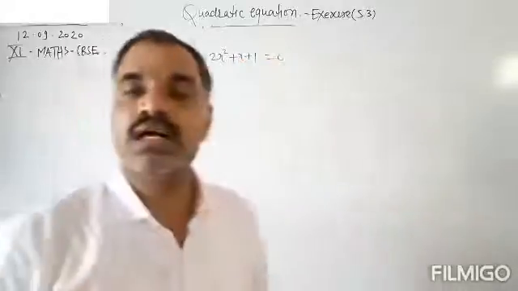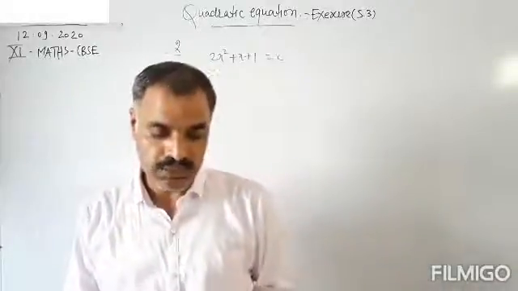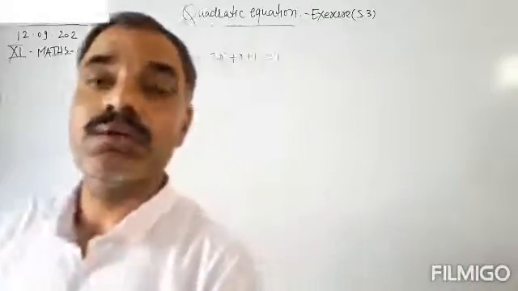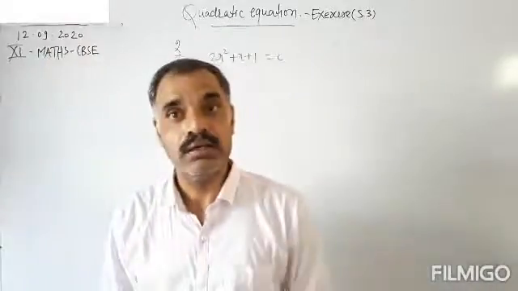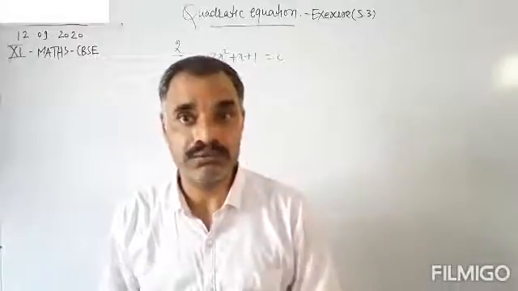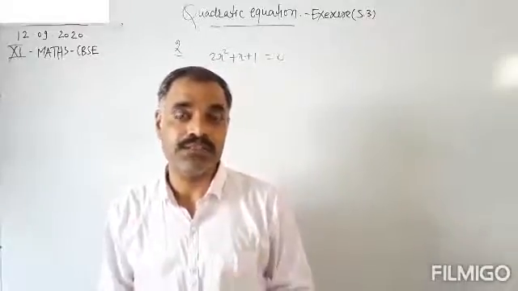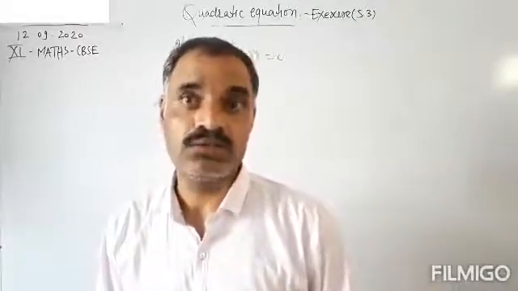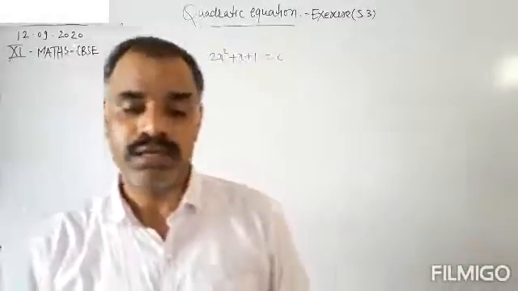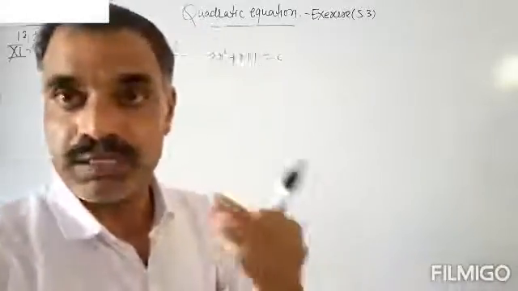All the questions are the same. We have to solve each of the following quadratic equations. All these quadratic equations have d less than 0, so we will have complex roots.